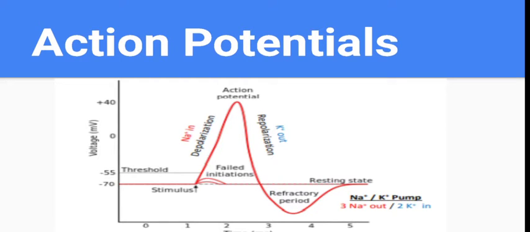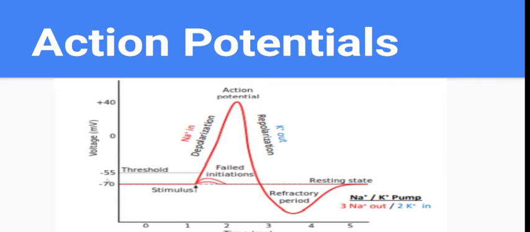Remember the sodium potassium pump: 3 sodium out, 2 potassium in. Knowing the thresholds here is pretty important. We haven't touched on it yet in the videos, but this is the first time it'll come up. Negative 70 is your bottom, where you can be stimulated.